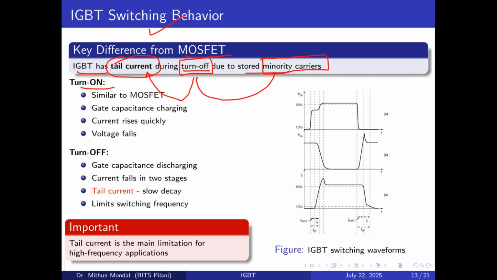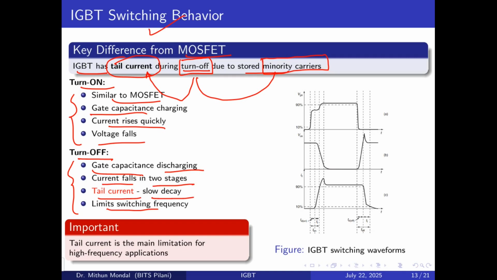The turn on process is similar to the MOSFET: the gate capacitance charges, the current rises quickly and the voltage falls. So this is similar to what we have discussed in MOSFET. In the turn off process, the gate capacitance has to discharge, the current falls in 2 stages, and there will be a small tail current which slowly decays, and this limits the switching frequency.